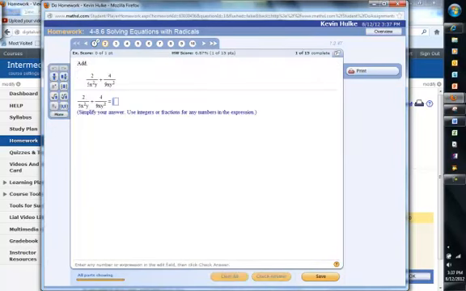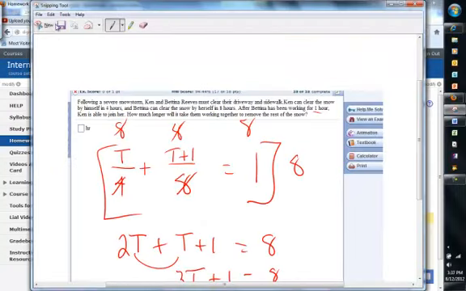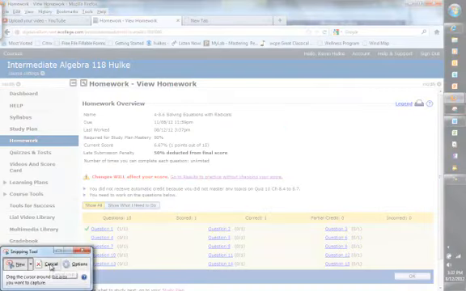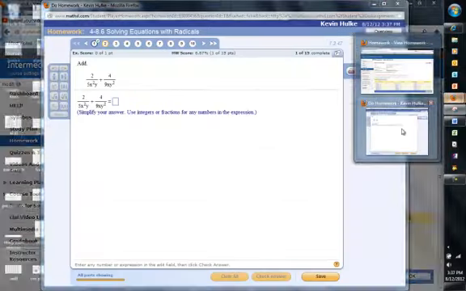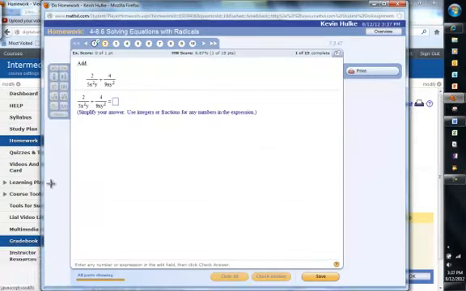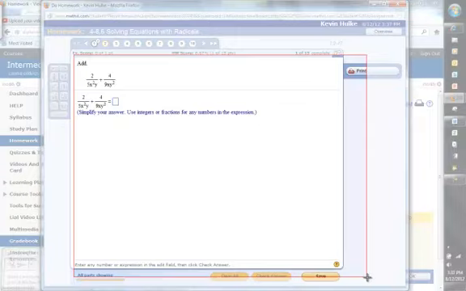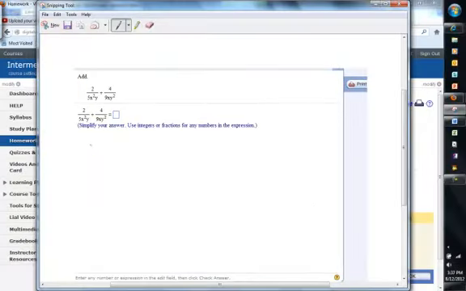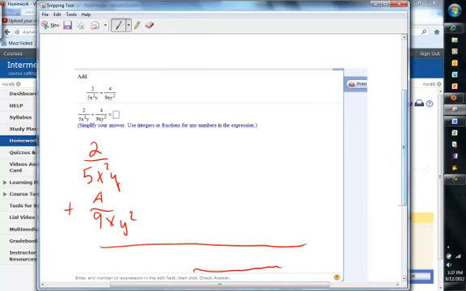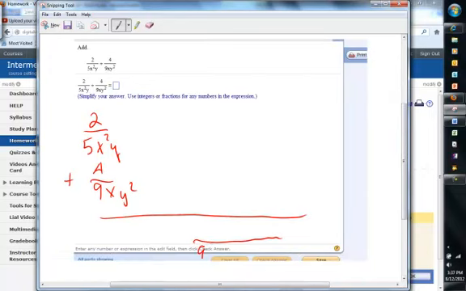What do we got? Well, the first thing we're going to do is a little review of adding. So let's do it. 2 over 5x squared y plus 4 over 9xy squared. Common denominator is 9 times 5 x squared y squared.